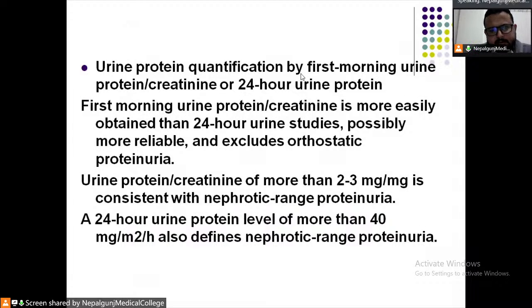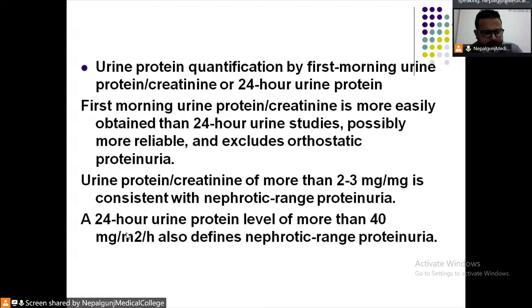Urine protein quantification is done by first morning urine protein creatinine ratio or 24-hour urinary protein. If the urine protein creatinine ratio is more than 2.2 to 3 mg, it is consistent with nephrotic range proteinuria.